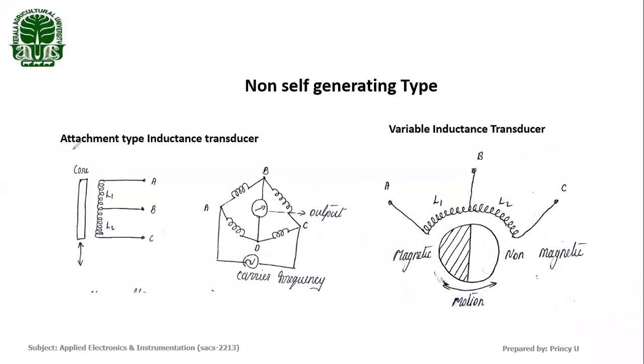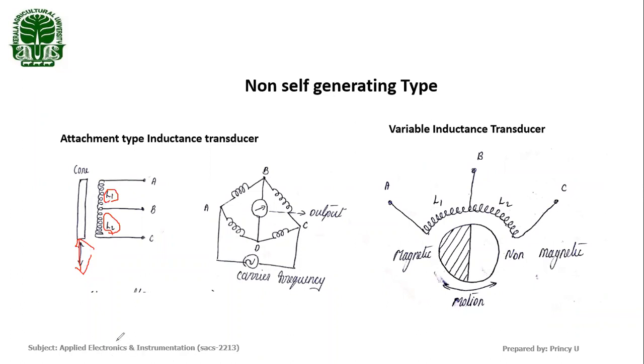Attachment type inductance transducer means here you can see two inductors, L1 and L2. L1 and L2 are connected between these points, and a core is moved up and down. That means if we want to measure a vertical motion, we attach that motion or primary sensor output to this core.